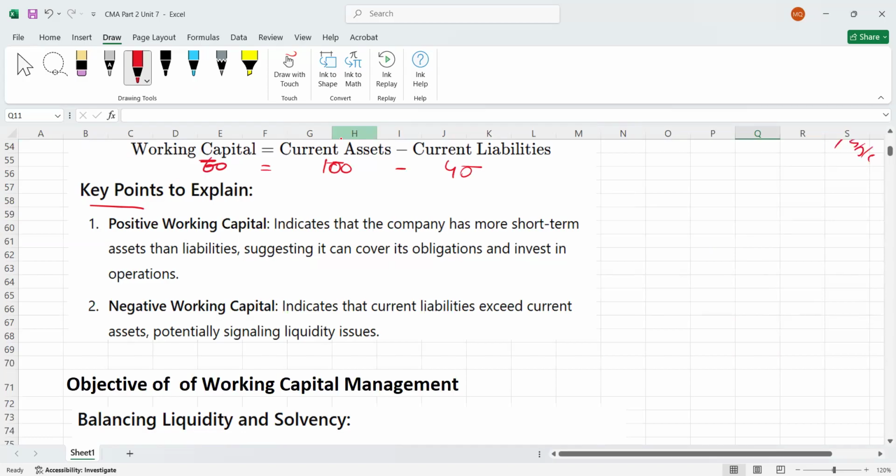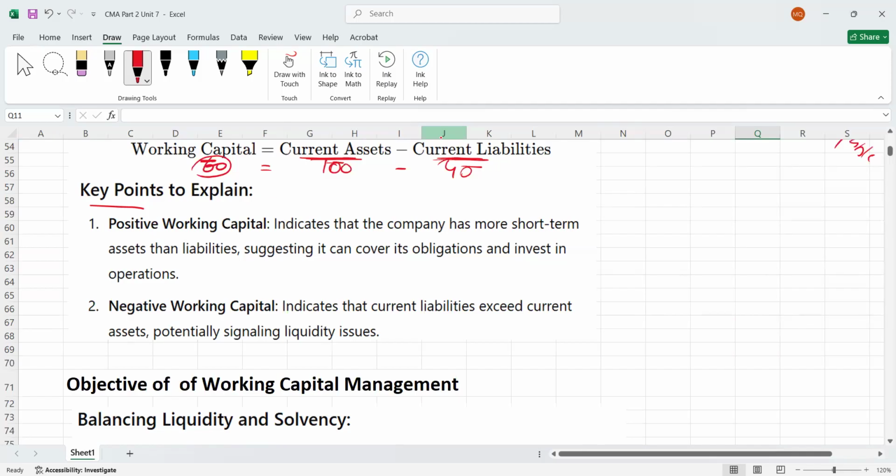How can we interpret this? If we use our current assets to pay our current liabilities, whatever net amount is left with the company, that is your net working capital.